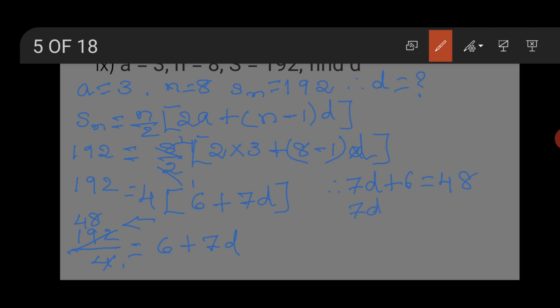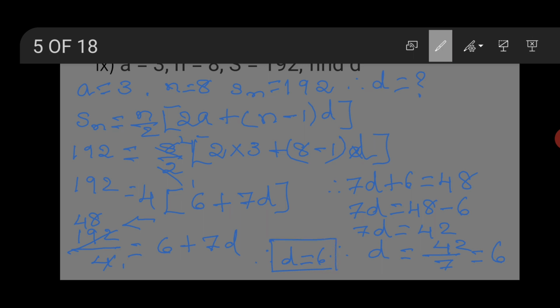Value of 7d is what? 48 minus 6. Therefore 7d is equal to 48 minus 6 is equal to 42. Value of d, you can find out what it is. 42 divided by 7 is equal to 6. Therefore, the value of d is equal to 6 in this problem.